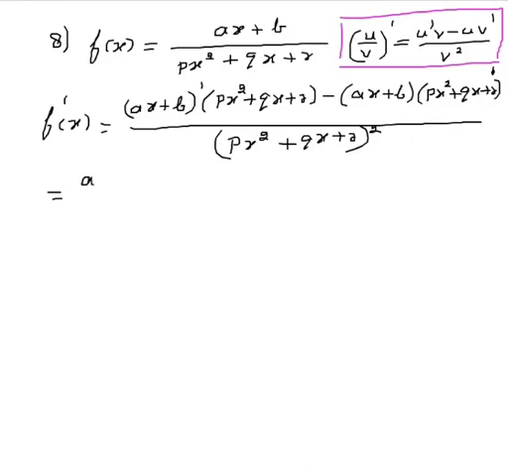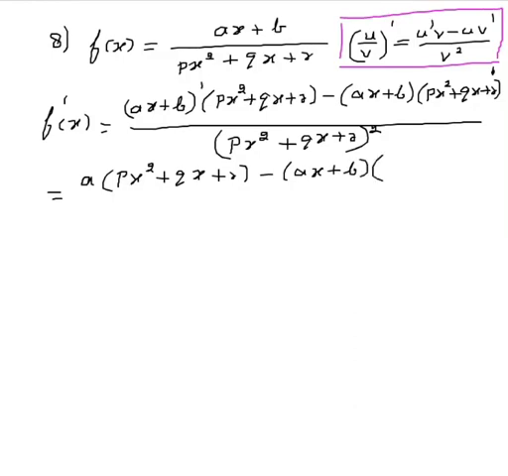equal to a times derivative of x with respect to x is 1 and derivative of b is 0. Therefore, we get a times px square plus qx plus r minus of ax plus b.